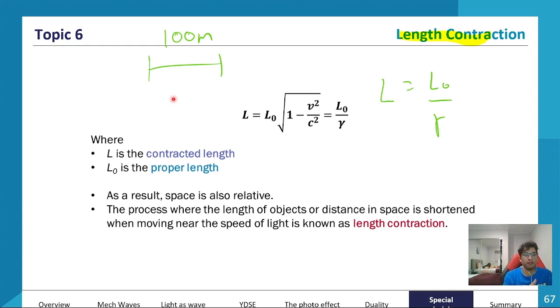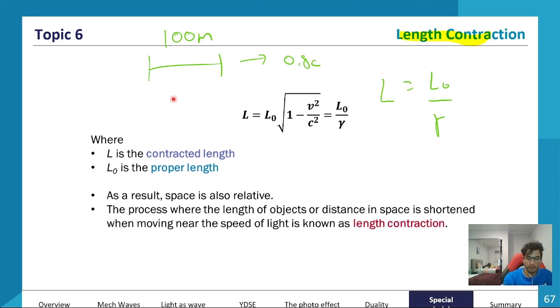So if the rocket's traveling at 0.8 c and you are on the rocket, you're in the same reference frame, so you can easily measure the length to be 100 meters. But because we are the outside observers looking at the rocket, we're going to see a contracted length. Instead of seeing 100 meters, we're going to see a rocket that's only about, let's say, 90 meters.